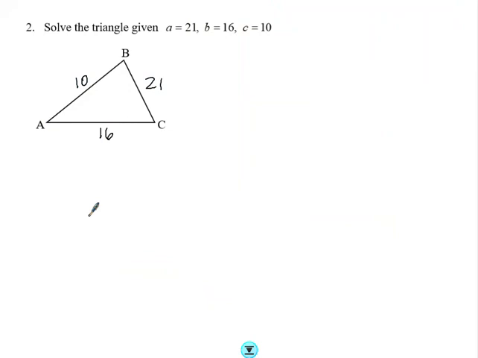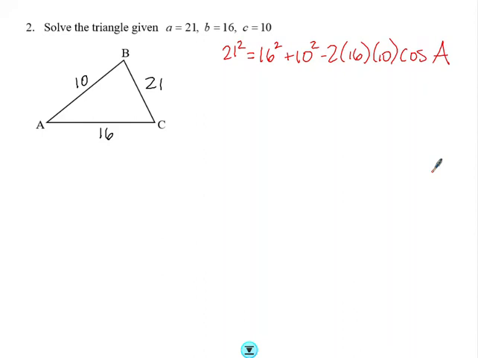You can use any of the 3 versions. I'm going to use the first version that says a squared equals b squared plus c squared minus 2bc cosine of angle A. And I need to solve for angle A in this.